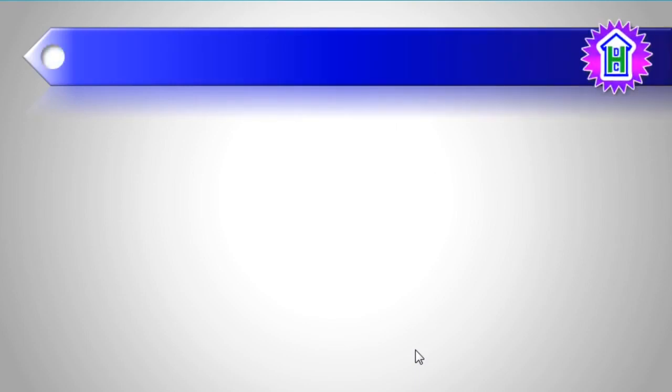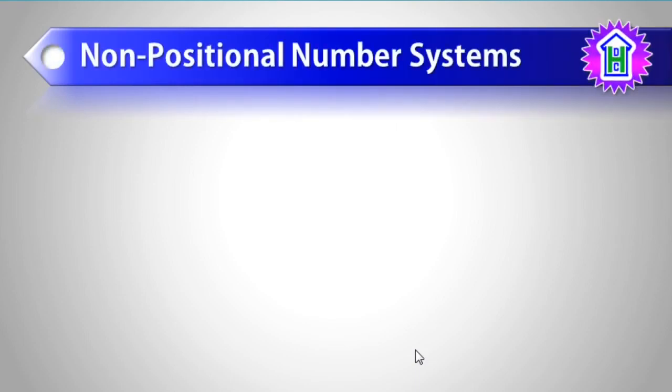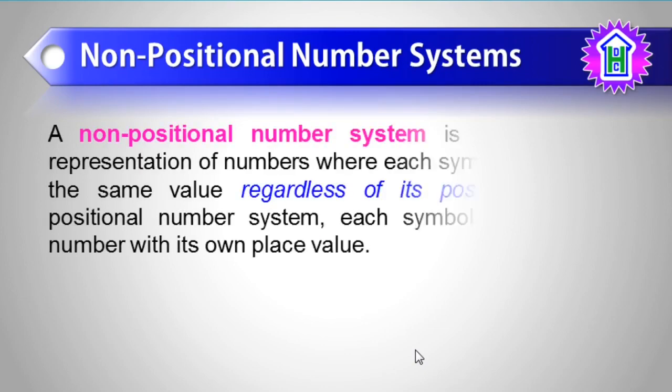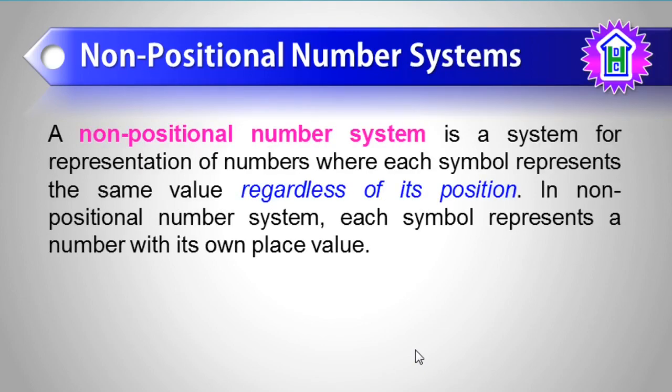Another number system is called the non-positional number system. A non-positional number system is a system for representing numbers where each symbol represents the same value regardless of its position. In a non-positional number system, each symbol represents a number with its own place value.